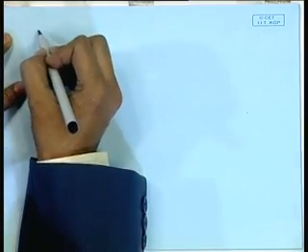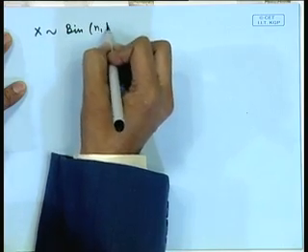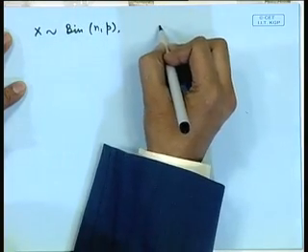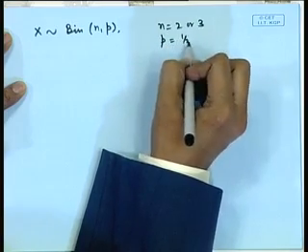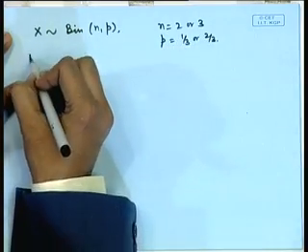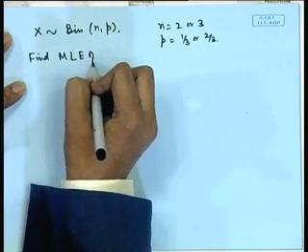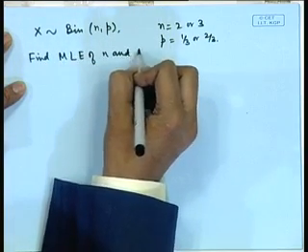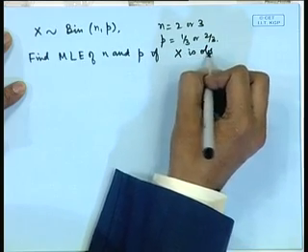Suppose I consider binomial n p, and n is either 2 or 3 and p is either 1 by 3 or 2 by 3. Now, we want to find out the maximum likelihood estimator of n and p if x is observed to be 1.